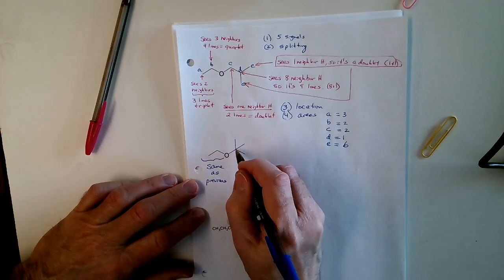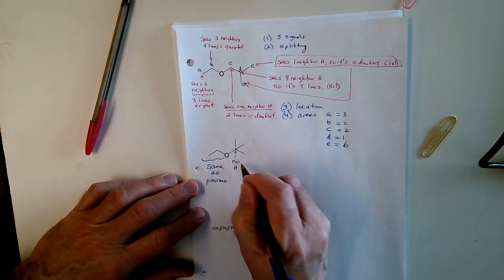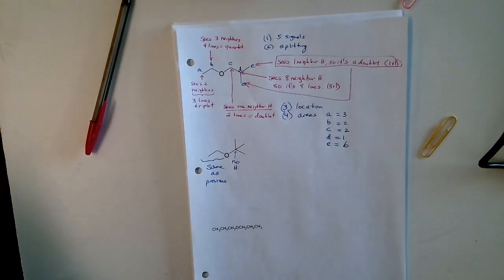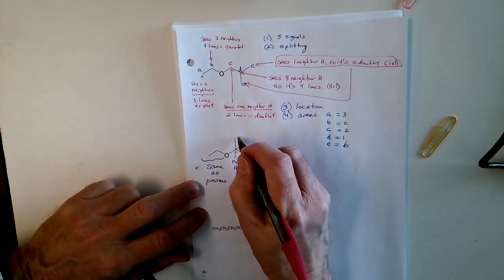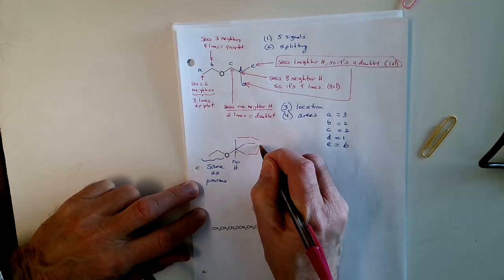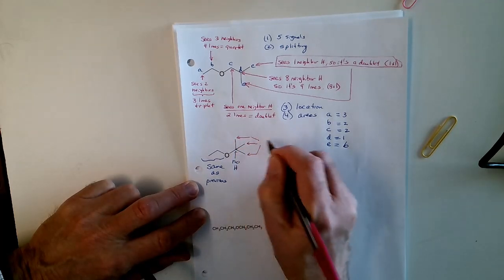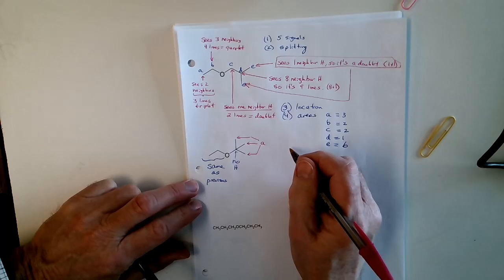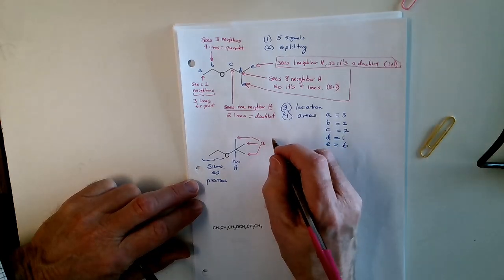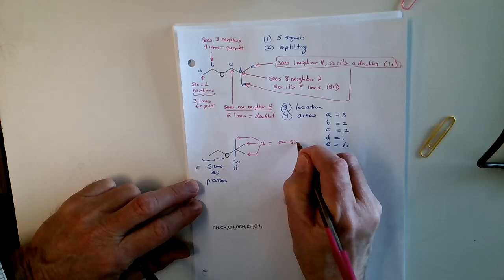How many hydrogens are right here? Remember, there are none in that spot. And remember that all three of these are the same as each other. So let's call them all A. And so you're going to expect just one signal from it.